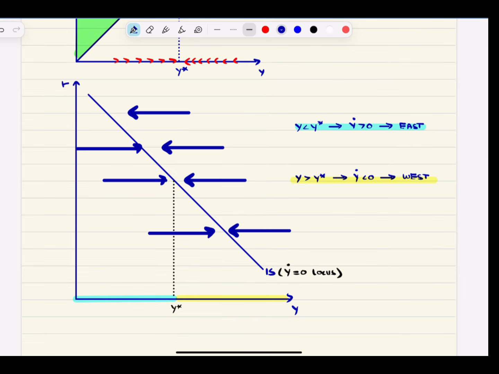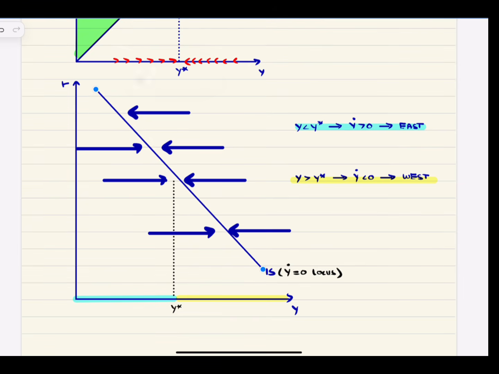So this diagram is the phase diagram, and it shows the direction of movement if the economy diverges from this point or any point on the IS. For instance, if the economy was at this point and because of some shock it went over here, the phase diagram basically shows that the economy is going to be pushed right back to the equilibrium.